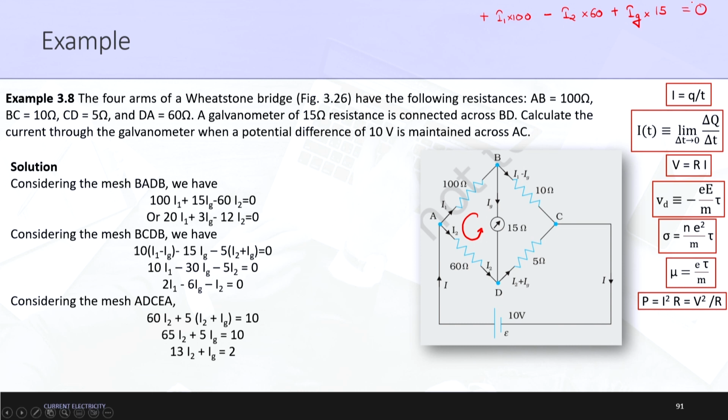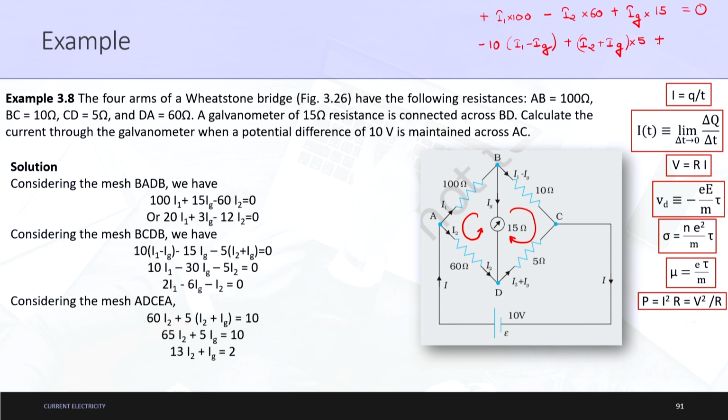Next is BCDB. So, hence this is the loop being talked about here. It will be equal to nothing but minus 10 into I1 minus Ig, for BCDB. Next is plus I2 plus Ig into 5, and next is again plus Ig into 15, equal to 0.